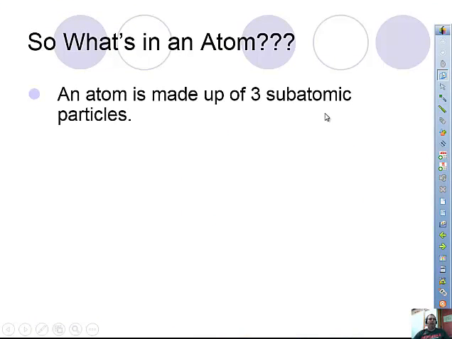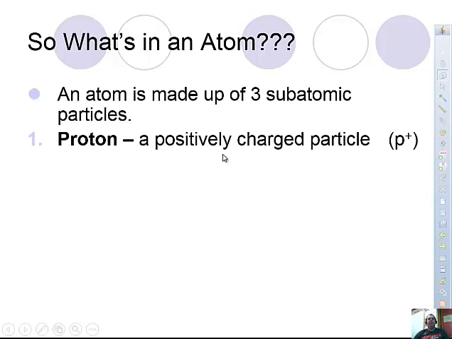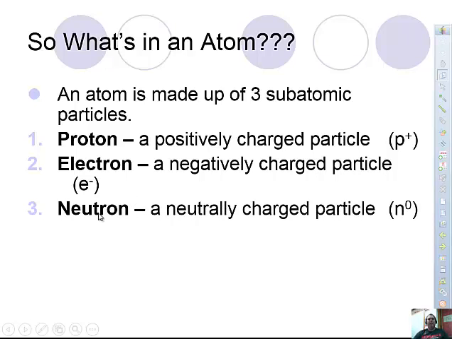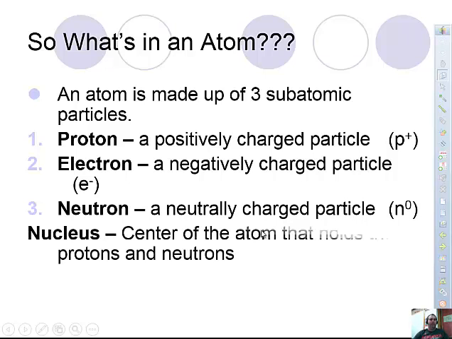So what's in an atom? An atom is made up of 3 subatomic particles that we've already discussed. Number 1 is the proton, a positively charged particle, represented by P positive. Second is the electron, a negatively charged particle, designated by E minus. And the last one is the neutron, a neutrally charged particle, or N0.